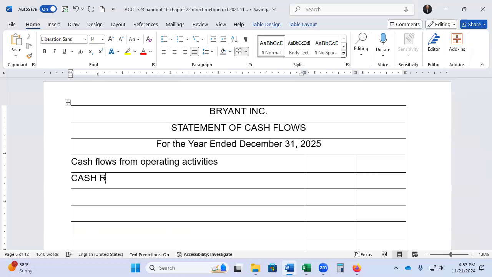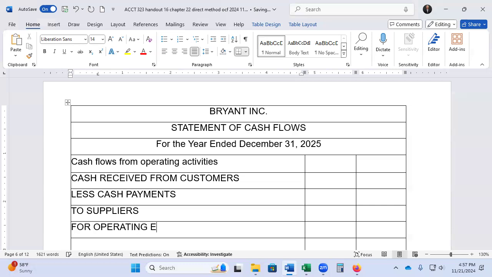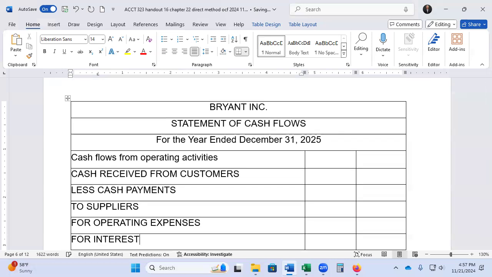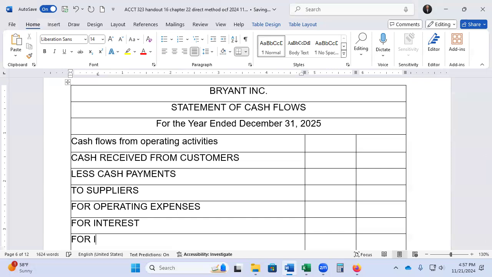We start with cash received from customers, less cash payments to suppliers, for operating expenses, for interest, and for income taxes.